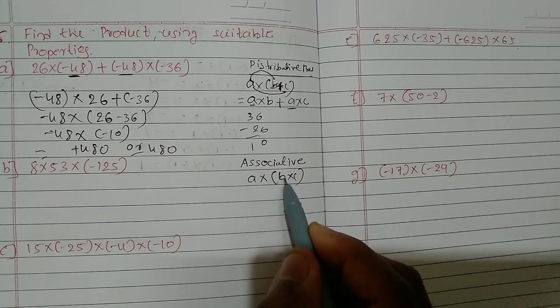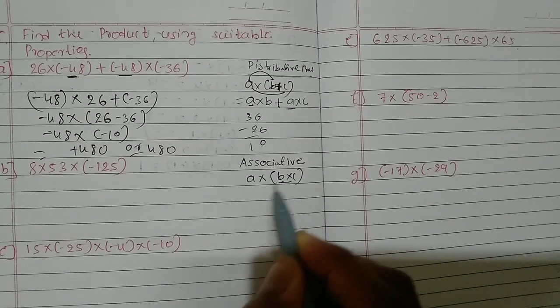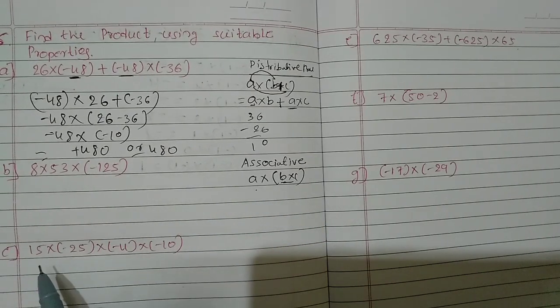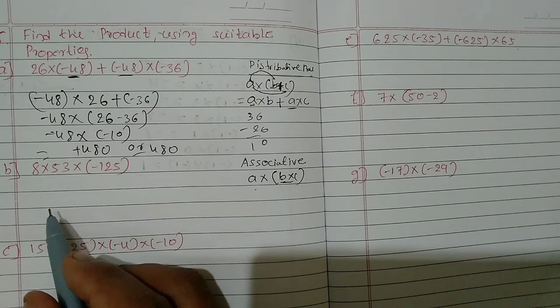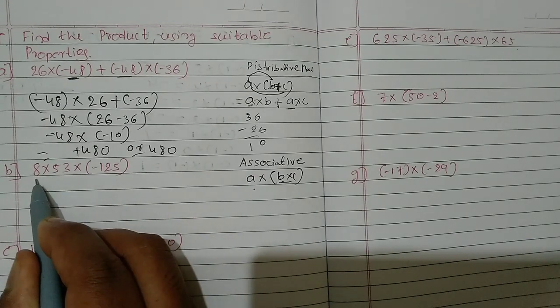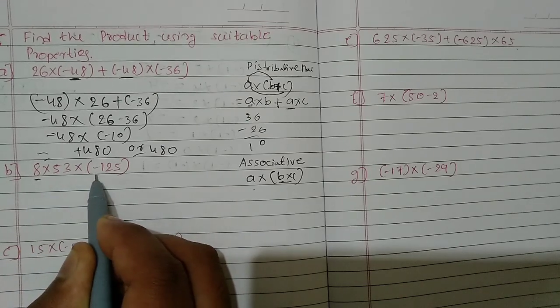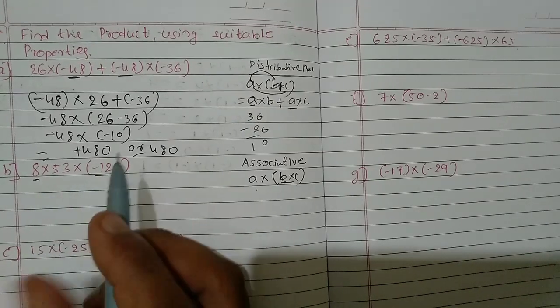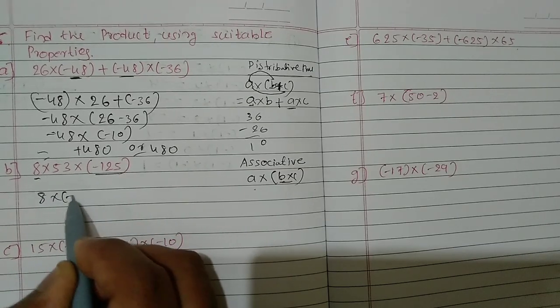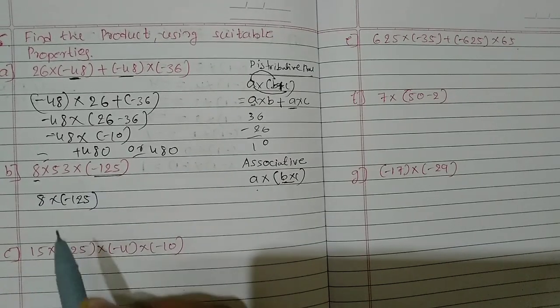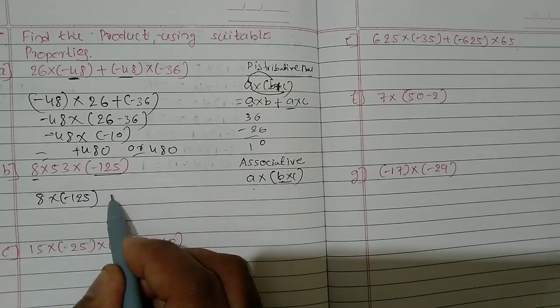You can multiply two terms first, then the remaining term. So here 8 into 53 into minus 125. I can make the groups here: 8 into minus 125 first.